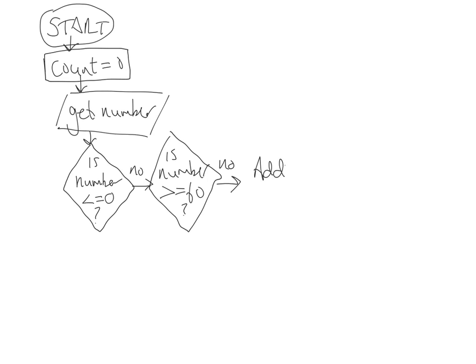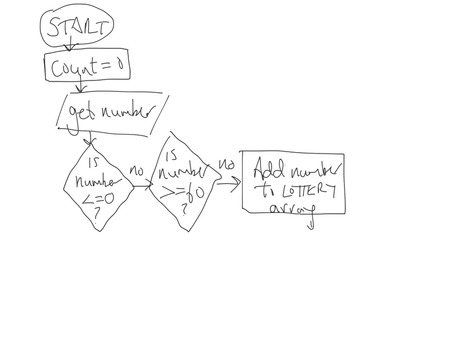So we will add the number to the lottery array. There we go. And that process gets a number, checks that it's valid, and adds it to the lottery array.